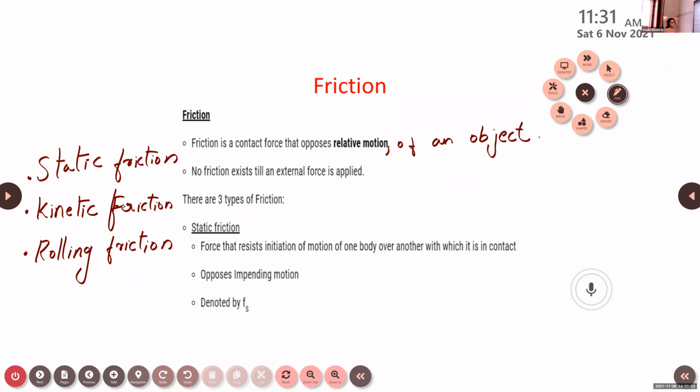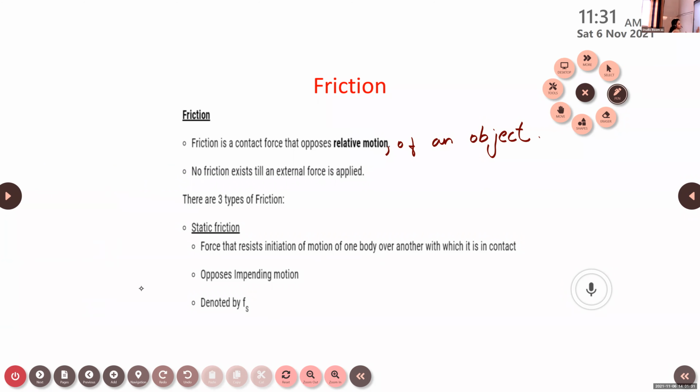Static friction, kinetic friction, and rolling friction. So we can discuss the different types of friction one by one. First of all, we are going to discuss static friction. What do you mean by this word static?